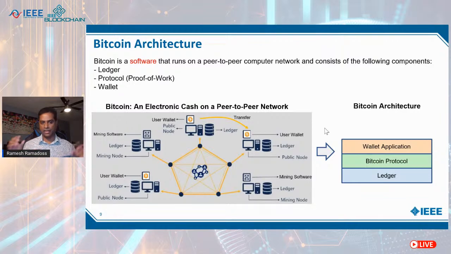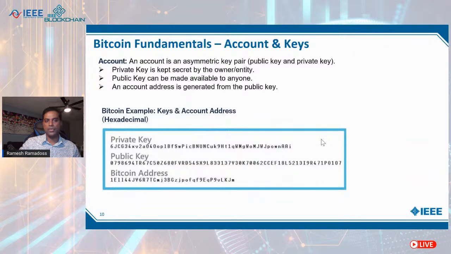There's a ledger. The ledger is where all the data is stored, and in this case, every computer, which is referred to as a node, stores the ledger. And there's a protocol that determines how the data or transactions are added to the ledger. And then there's the wallet. The wallet is an application, how a user actually interacts with it. Now, in the next few slides, I'll go through each one of these concepts, and then we'll dive into Ethereum.